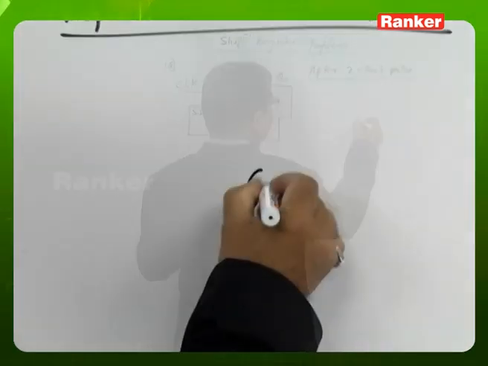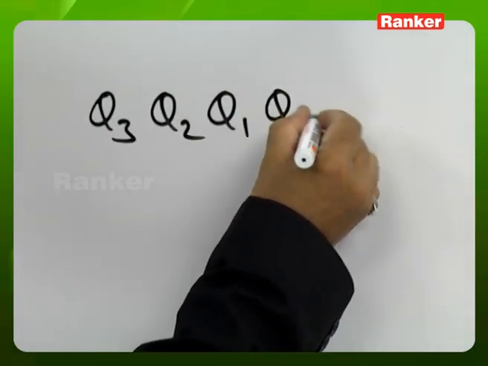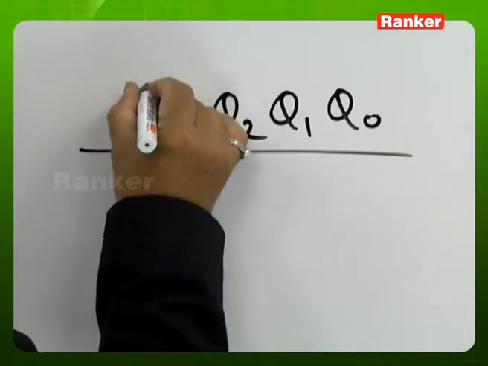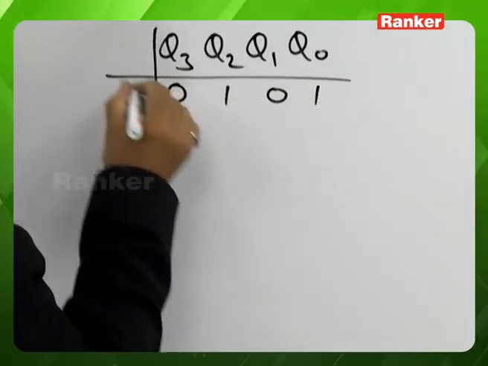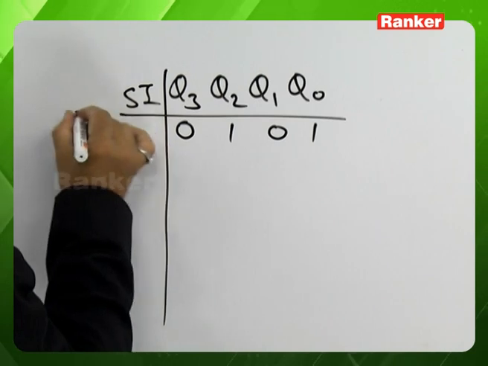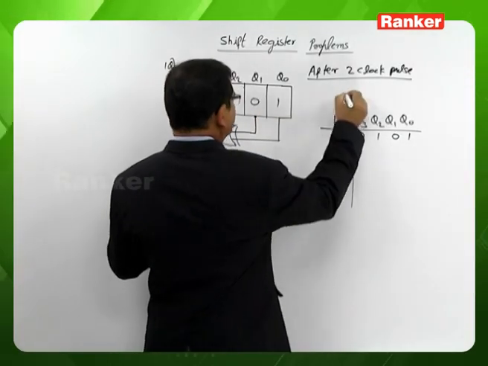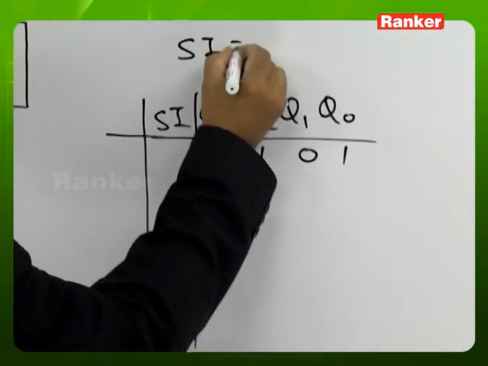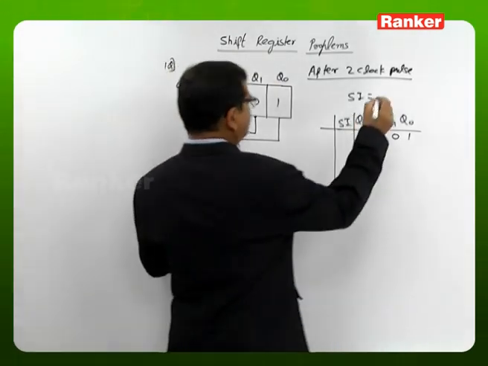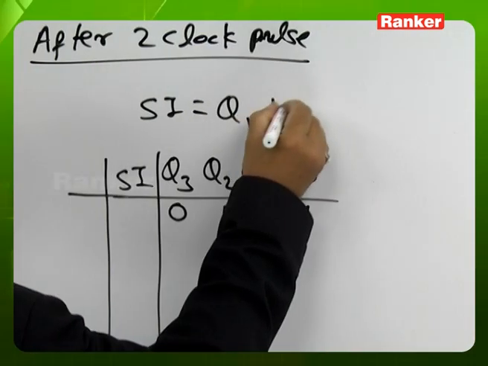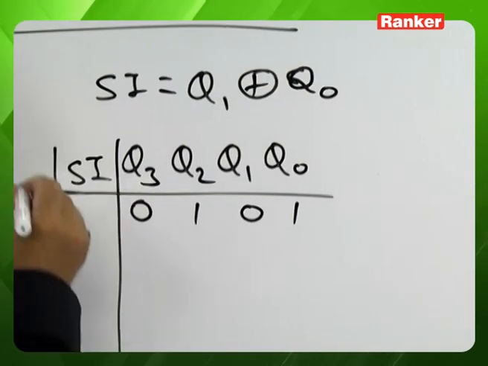So we are looking here. The initial content in the register is 0101, and the serial input we are reading by using an exclusive OR gate, an exclusive OR between Q1 and Q0.